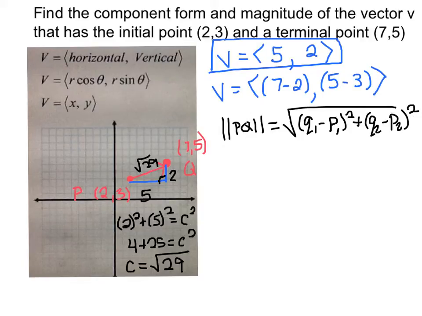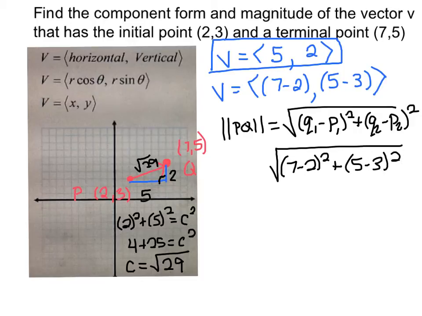Again, the distance formula. So if I want to do it mathematically with the distance formula, you can take that 7 minus 2 squared plus 5 minus 3 squared, and in turn get 5 squared plus 2 squared, which equals the square root of 29.